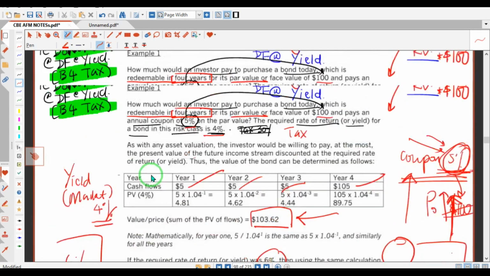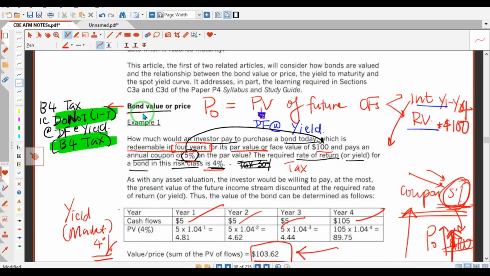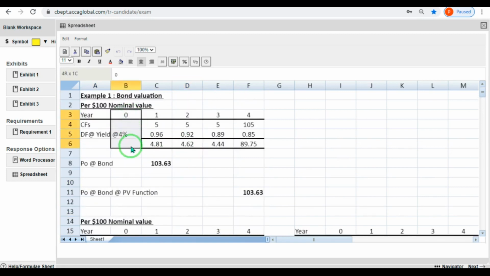So what do we learn here today? We learn that the price of the bond is the present value of future cash flows. So present value is year 0, and I don't know what is at year 0, that's the price. When you are calculating here, you don't even need a year 0 because you don't have a price, so you only need to know what are the cash flows coming in the future.